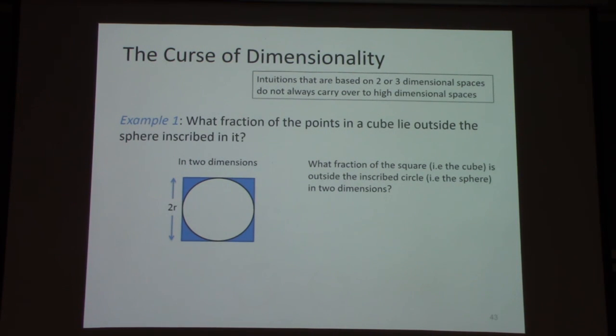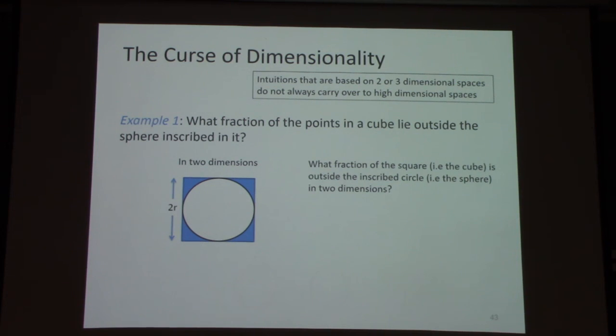Say I have a box, a square in 2 dimensions, and this square contains a circle inside it. I want to calculate what fraction of the points in this square lie outside the circle.